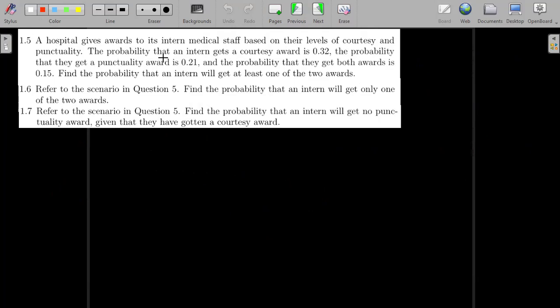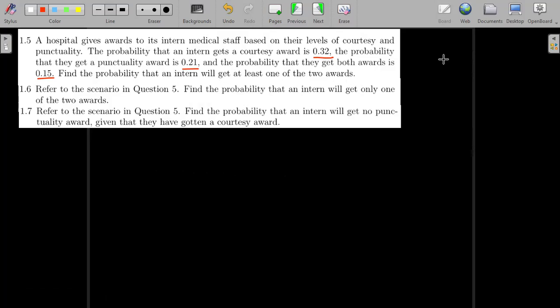The probability that an intern gets a courtesy award is 0.32. The probability that they get a punctuality award is 0.21. And the probability that they get both awards is this. Find the probability that an intern will get at least one of the two awards.